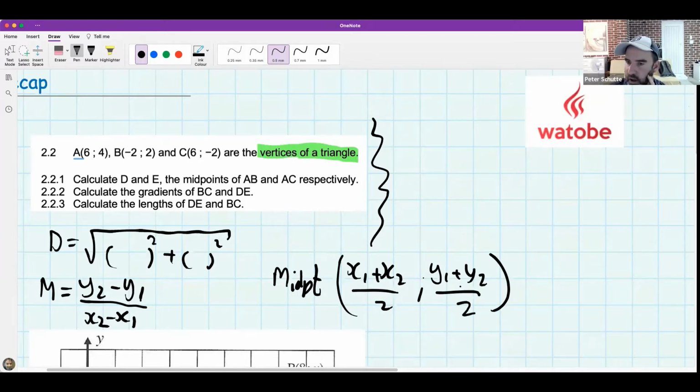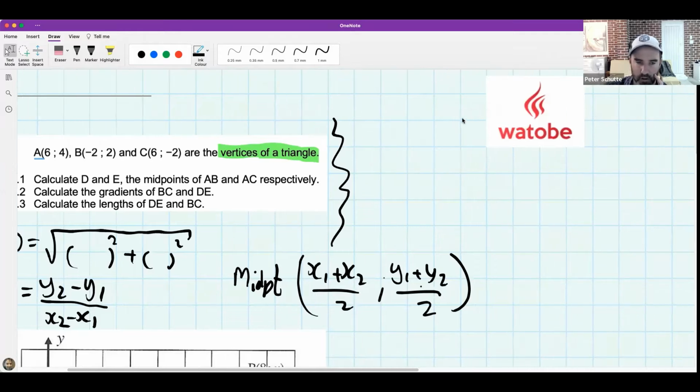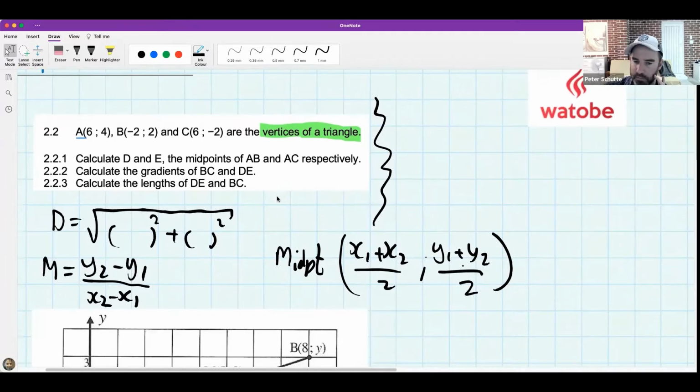Okay, so that should be helpful if you are thinking back on the last lesson, in case you don't have the formulas memorized.